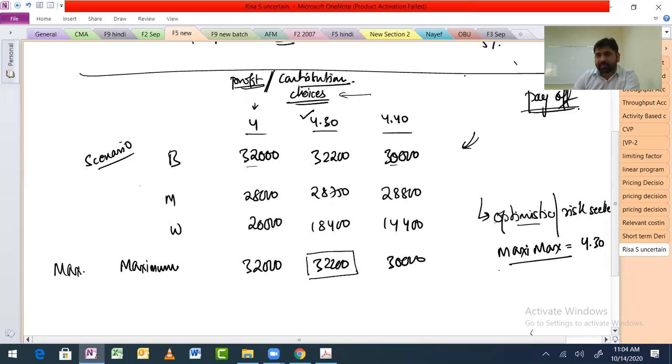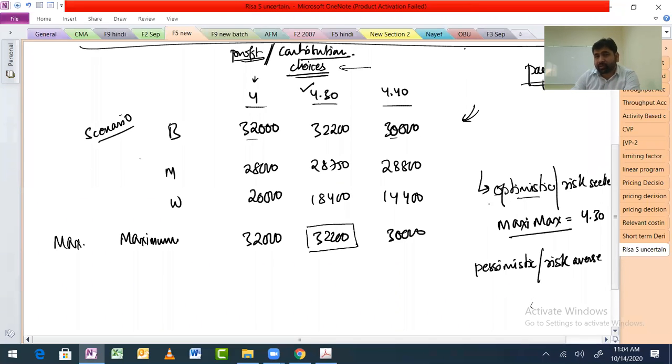Yes, sir. Similarly, if you are pessimistic, too afraid of risk, risk averse, you don't want to take risk. Again, here we have a method for you which is known as maxi-min. Maximize the minimum.